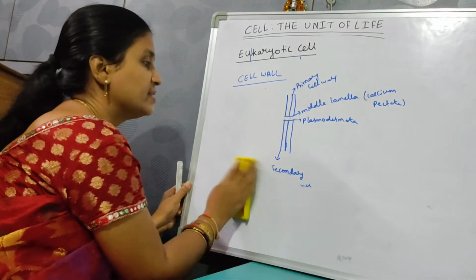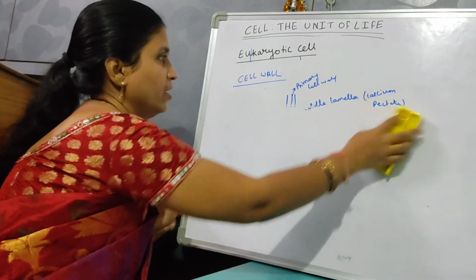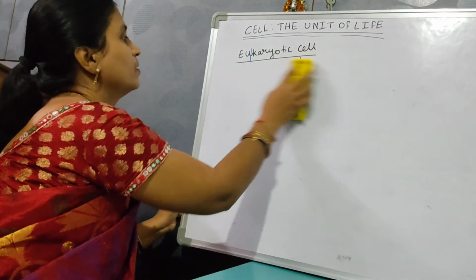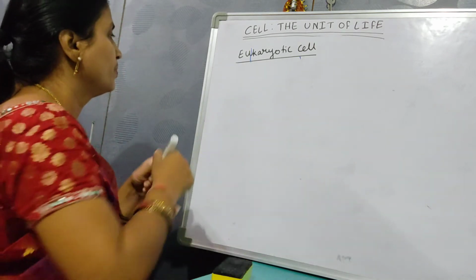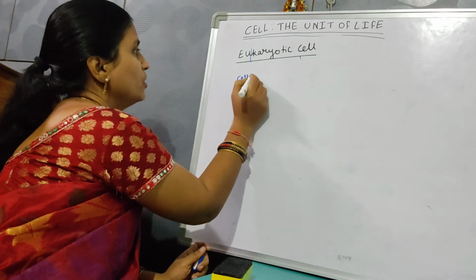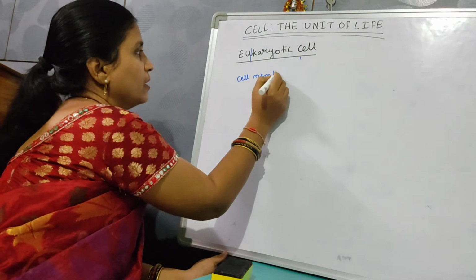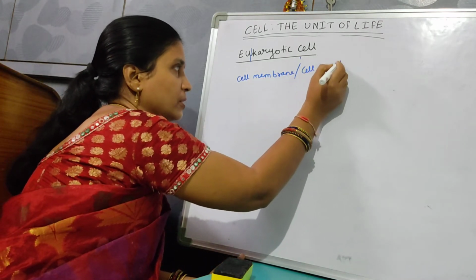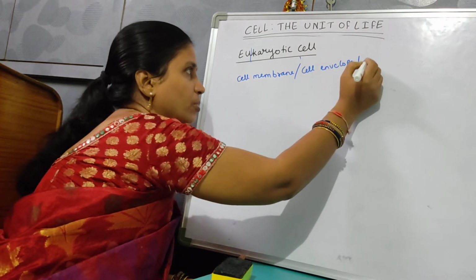Coming on to the cell membrane, the plasma membrane. Okay, coming on to the cell membrane, which is also called the cell envelope or plasma lemma.